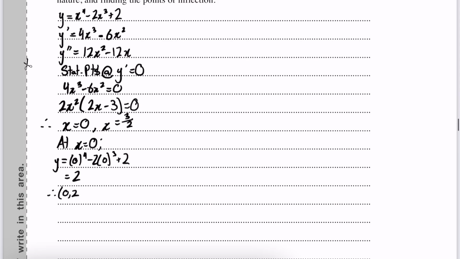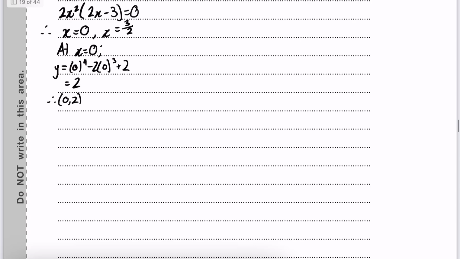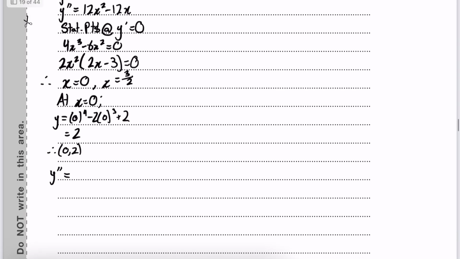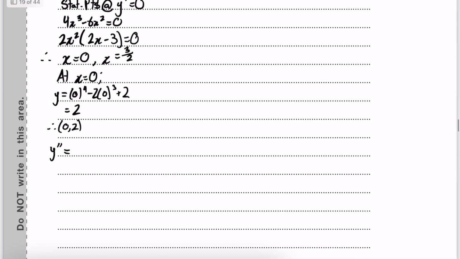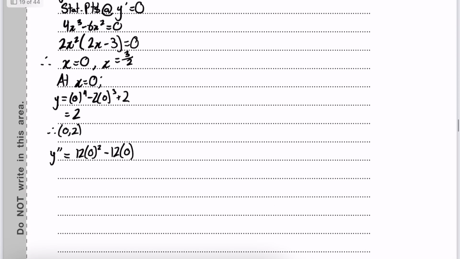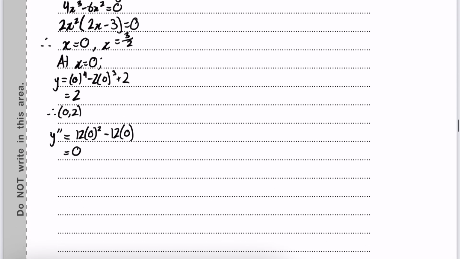Therefore, we have a point at (0, 2). This is a stationary point, but we need to know the concavity. That's going to be through y double dash, which is equal to 12 times 0 squared minus 12 times 0, which is 0.